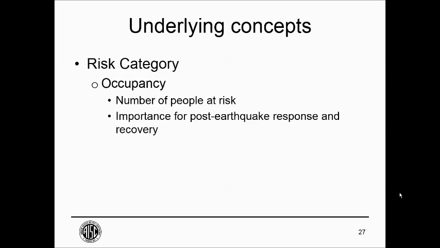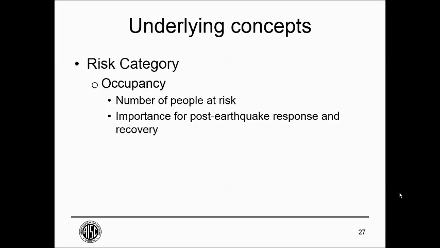So that brings us to the topic of risk category. In former editions of the code, risk category was sometimes discussed as seismic use group. It was discussed as occupancy. All of these things come together. Risk category is a general term that applies to multiple loads and other considerations, and it tells us about the occupancy of the structure.